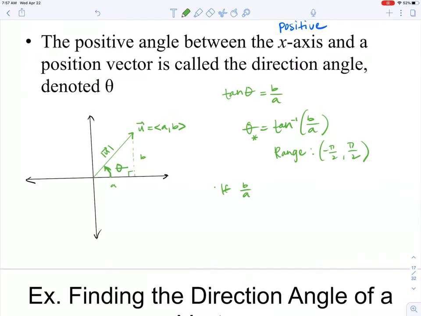Remember, if b over a, the ratio that you're taking the inverse tangent of, is positive, so greater than 0, that means that inverse tan of b over a will represent an angle from quadrant 1.